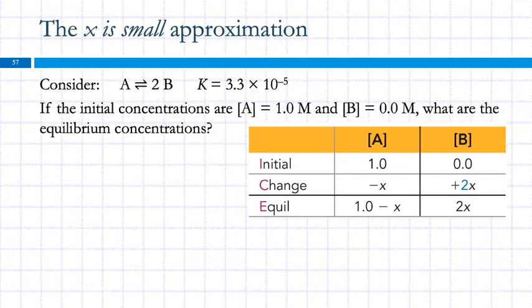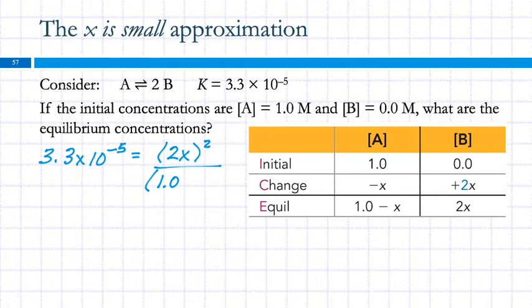The x is small approximation says, well, when we're subtracting x from 1, it's small enough that it doesn't matter. So we've got our equilibrium constant is equal to 2x squared in the numerator and 1.0 minus x in the denominator.